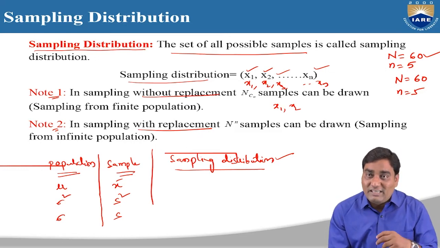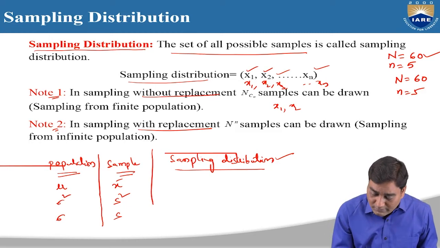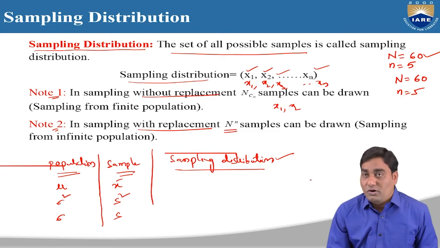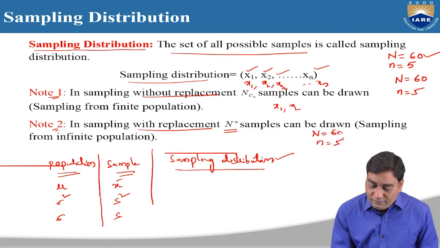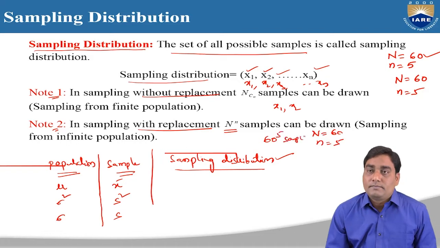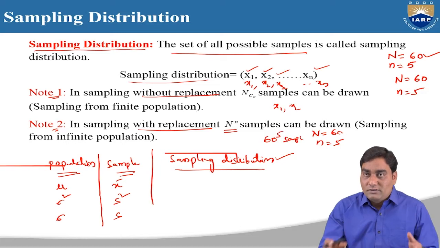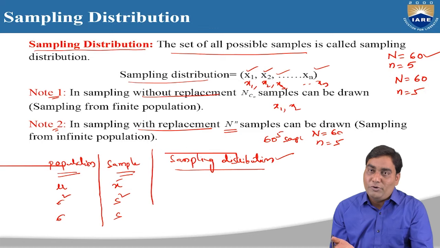In the with replacement case, how many samples can we draw? A total of capital N power small n samples can be drawn. Suppose capital N equals 60 and small n equals 5. We can draw 60 power 5 samples in the with replacement case, because while choosing the samples, the previous samples are replaced in the population.